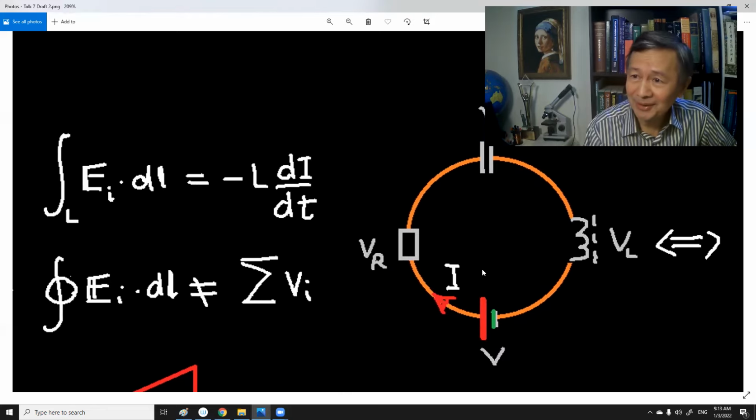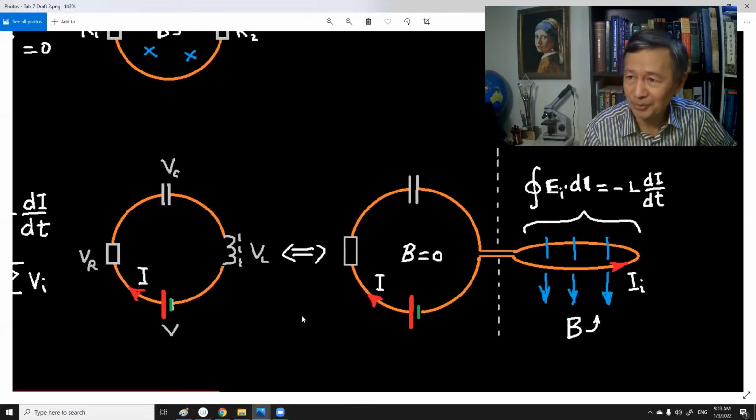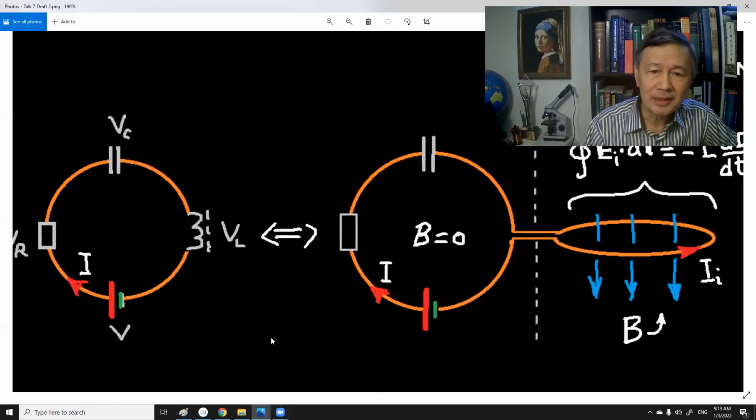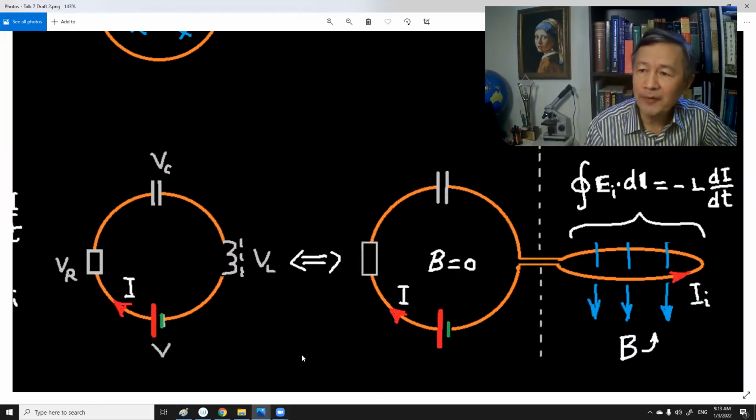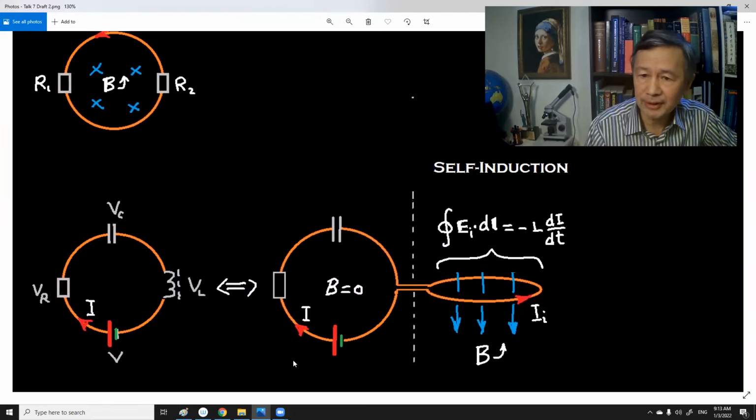Do you still have trouble? Well, let's have a look at this diagram. I prefer to use a graphical method to explain some abstract principles in physics. Let's use the idea of an equivalent circuit again.